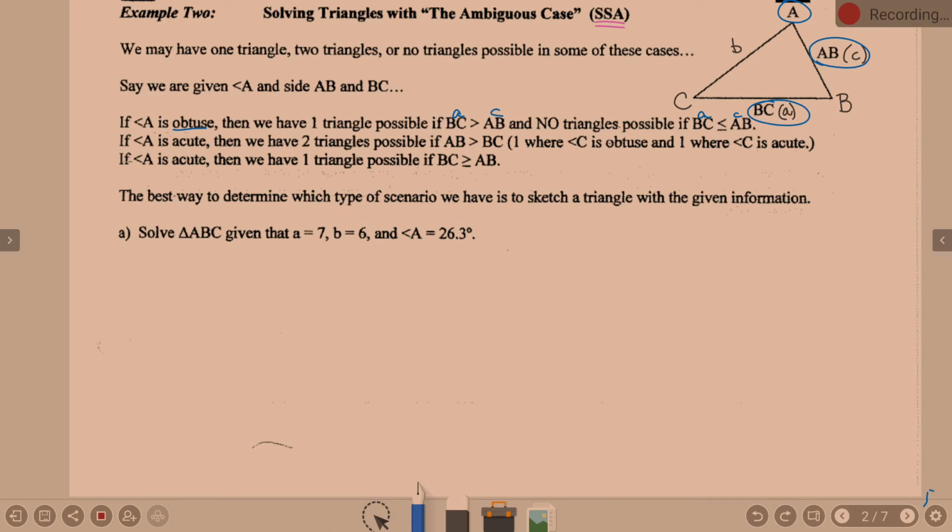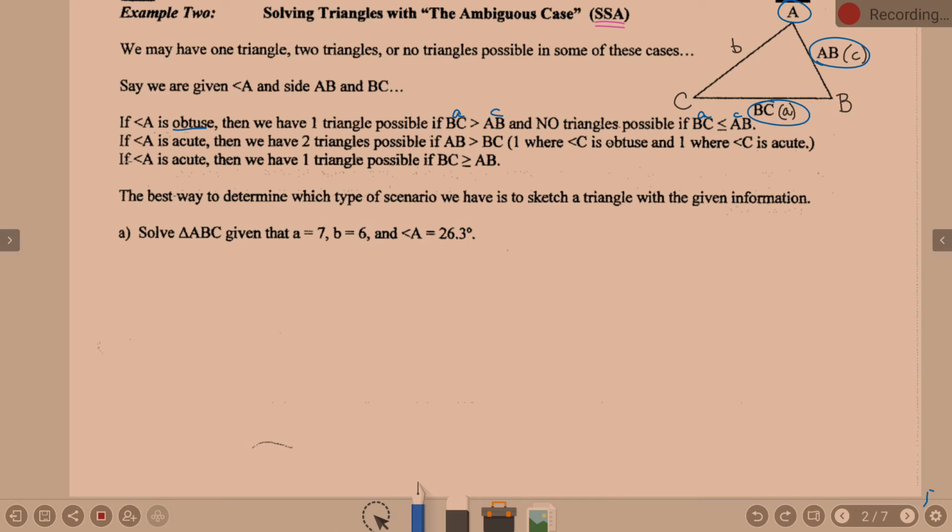And if it's bigger than 90, how many obtuse angles can you have in a triangle? Only one, because the other two have to be acute. So if there is one angle that is bigger than 90, which side is going to be across from it? The side that is the longest, right? Does that make logical sense? Yes. The biggest angle has the longest side across from it.